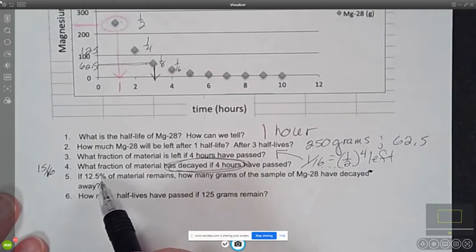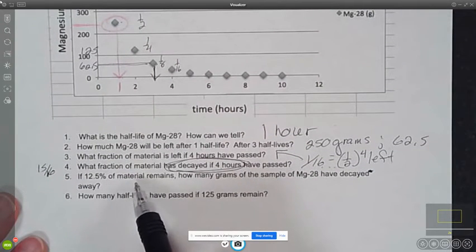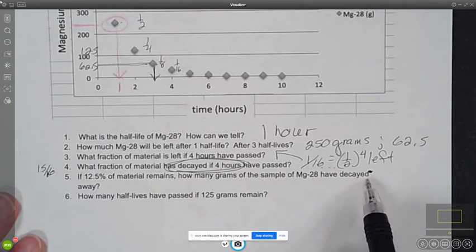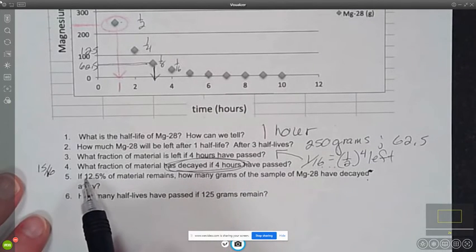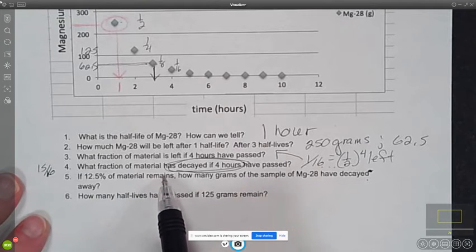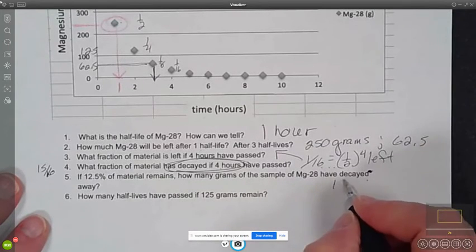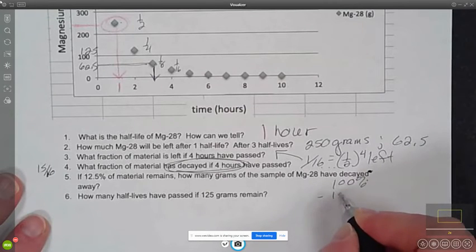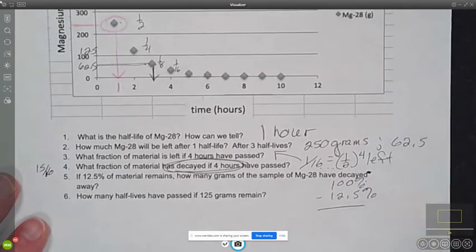Number 5 says, if 12.5% of the material remains, how many grams of that sample have decayed? If I've got 12.5% remaining, that means I've got 100 grams or 100% minus the 12.5% that has decayed.